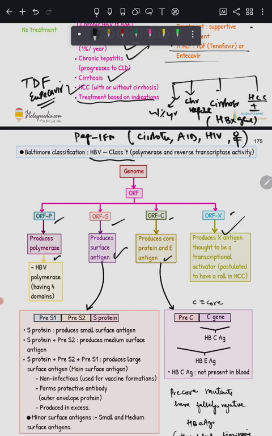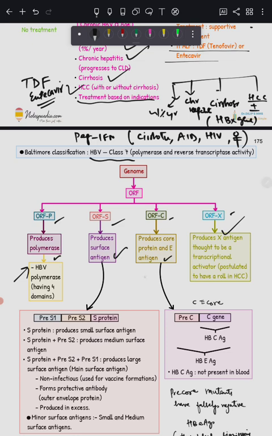And what is the clinical relevance? ORFP is the drug target: tenofovir and entecavir block it. Whereas surface antigen is the diagnostic marker plus vaccine target.